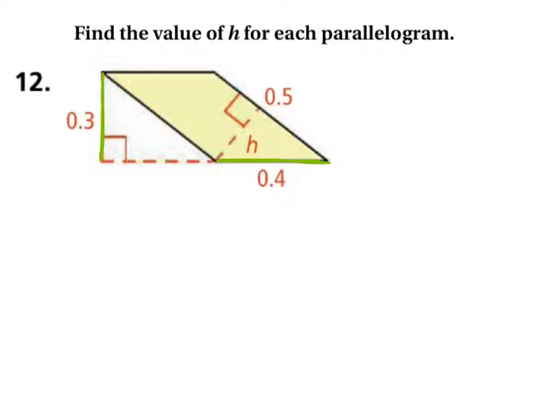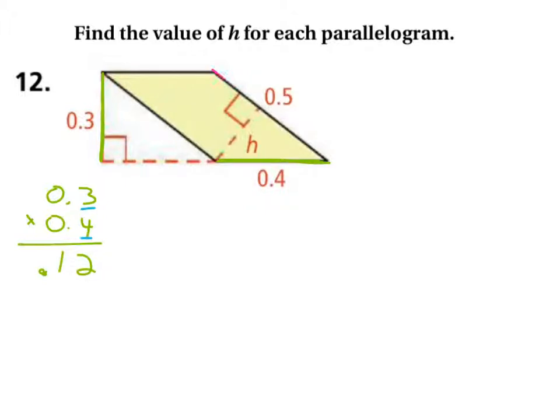And what do you get when you multiply 0.3 times 0.4? Well, 4 times 3 is 12, and we have 1 digit after the decimal in each, so we have 2 digits after the decimal. 0.12 is what the area is, okay? So if the area is 0.12, can we find two other values, one of which we're missing, that should also find the area?